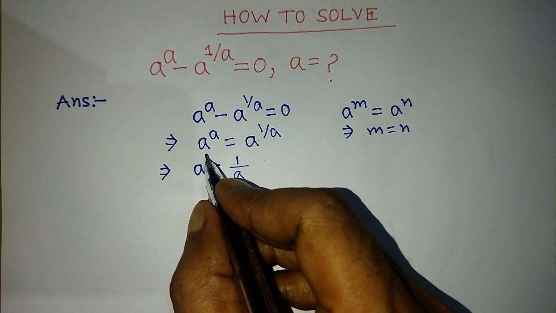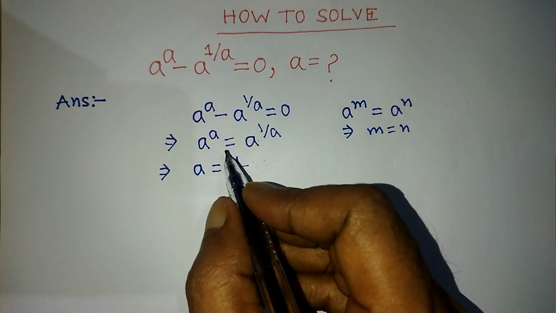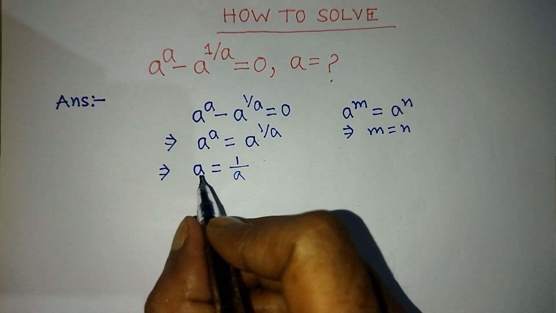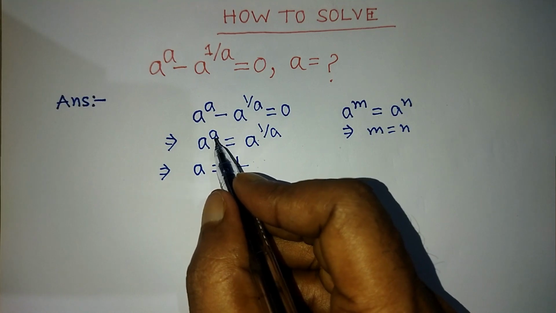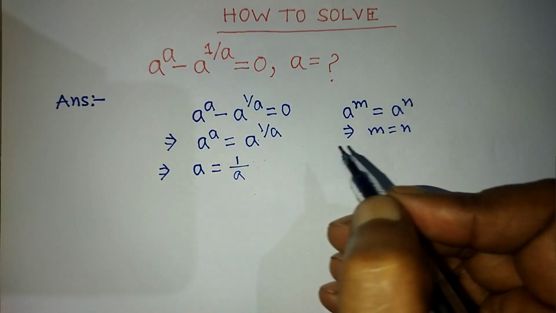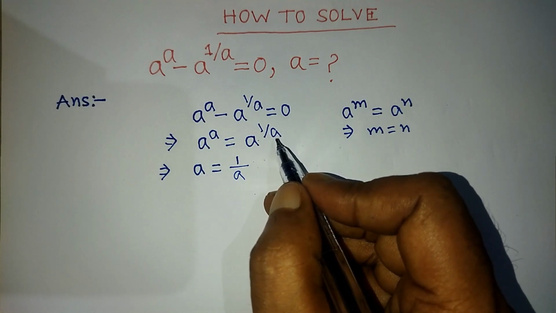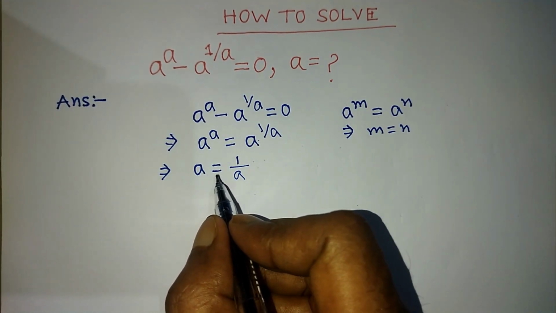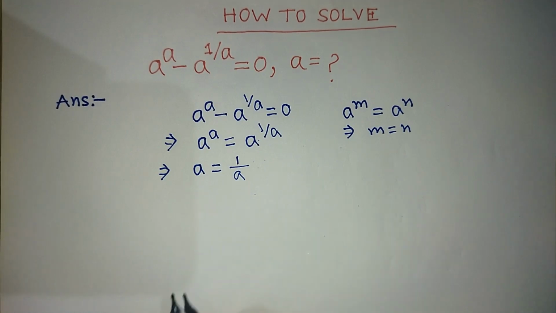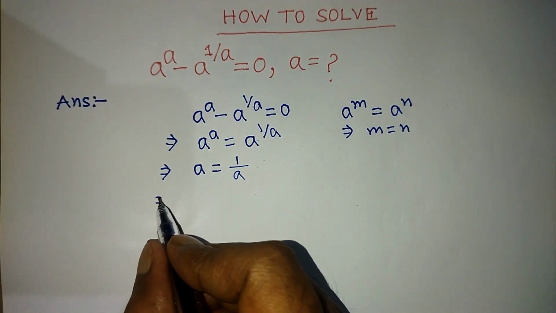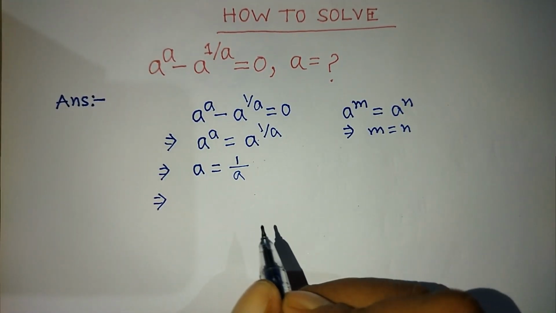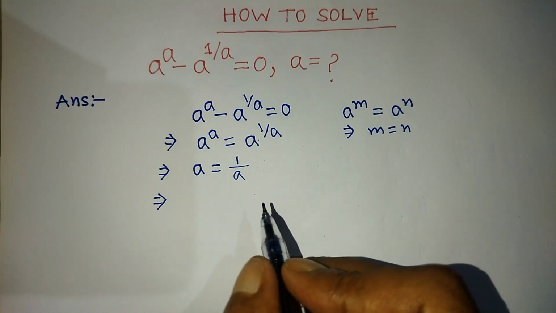If you cancel the base from both sides, we have to write only the power. So in this exponential form, in the place of power is a, and on the right side in the place of power is 1 over a. So we have to write in here a is equal to 1 by a. Okay student, after that we have to apply the cross multiplication method.